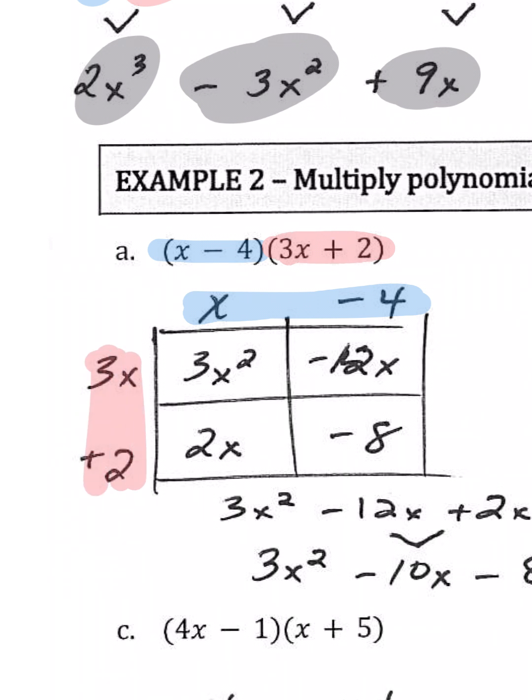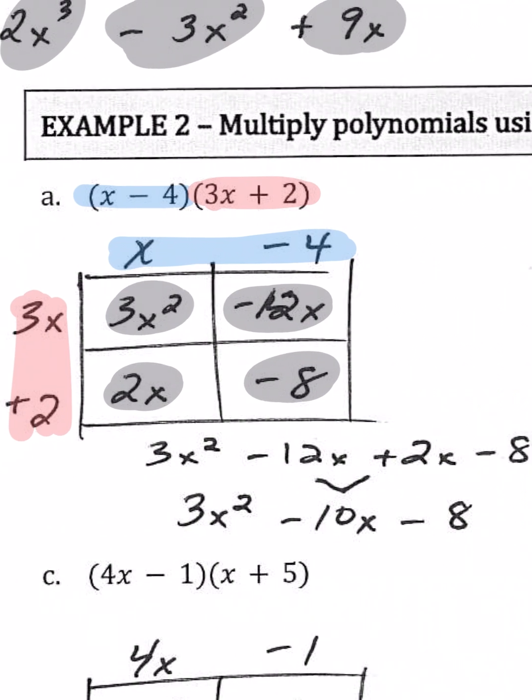This method is called the table method, kind of like a multiplication chart. I put one of the binomials on the top and one of them on the side, and we multiply them together. X times 3x is 3x squared. X times 2 is 2x. Negative 4 times 3x is negative 12x. And negative 4 times 2 is negative 8.